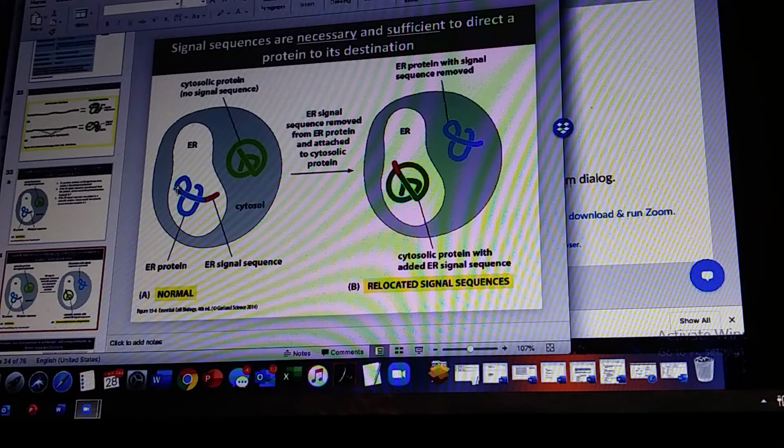Likewise, you can do lots of crazy things. You can take a protein that should normally be found in the nucleus, put on a mitochondrial signal sequence, and then it will be found in the mitochondria. So you can do weird things and then ask what happens when you change the localization of these proteins. Like crazy biology experiments.